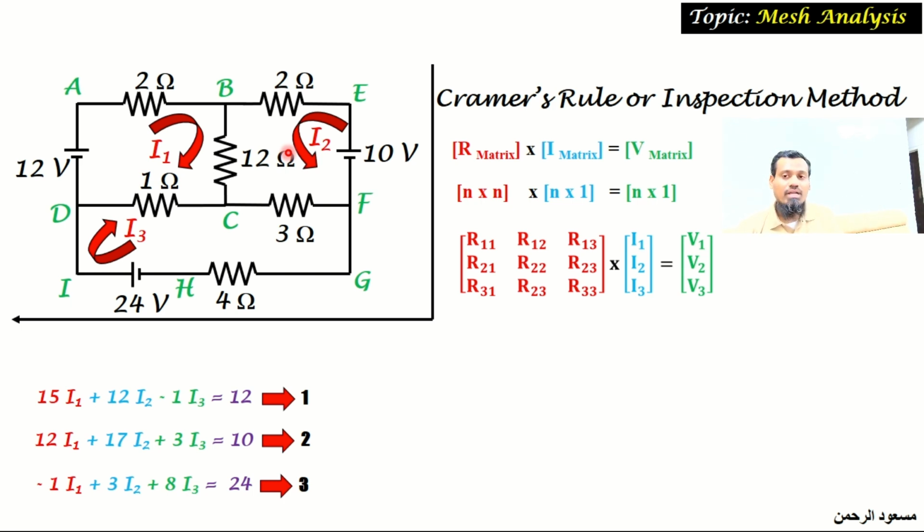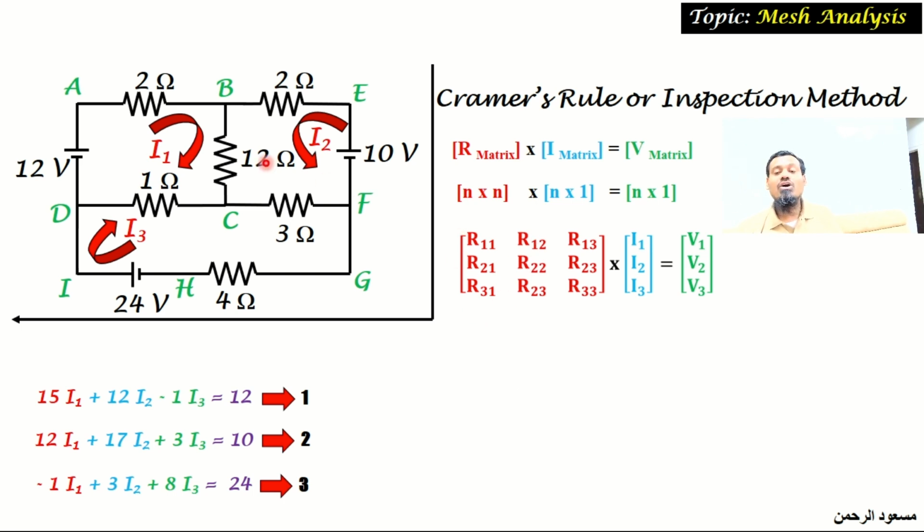For example, R11 is nothing but the summation of the resistance values available in the first loop, and R22, the summation of the resistances available in the second loop, and R33, the summation of the resistances available in the third loop.